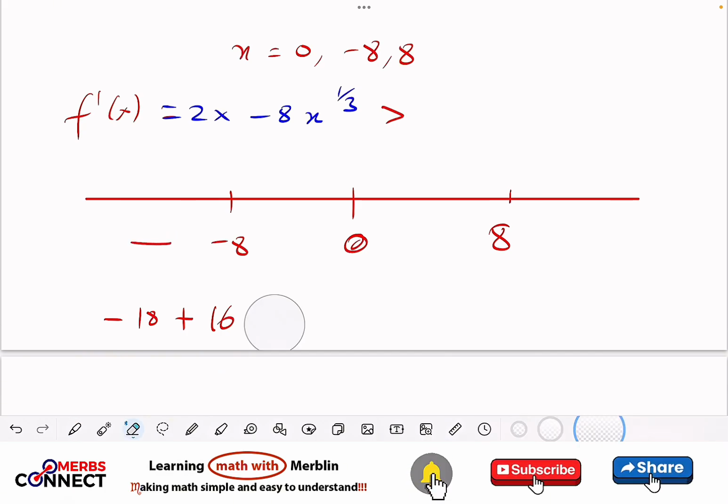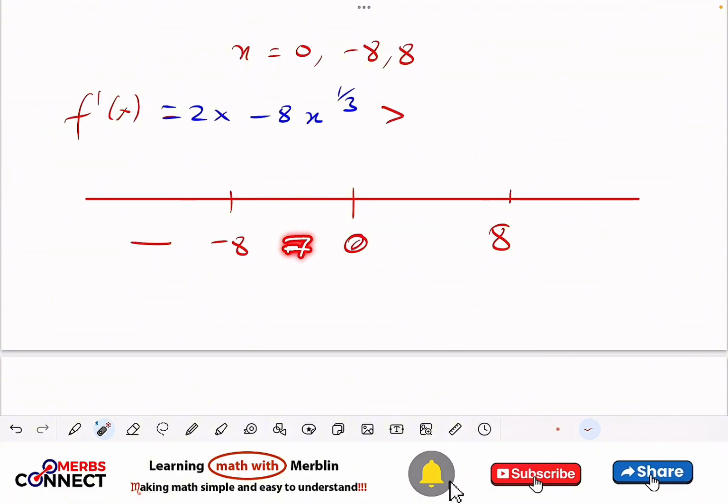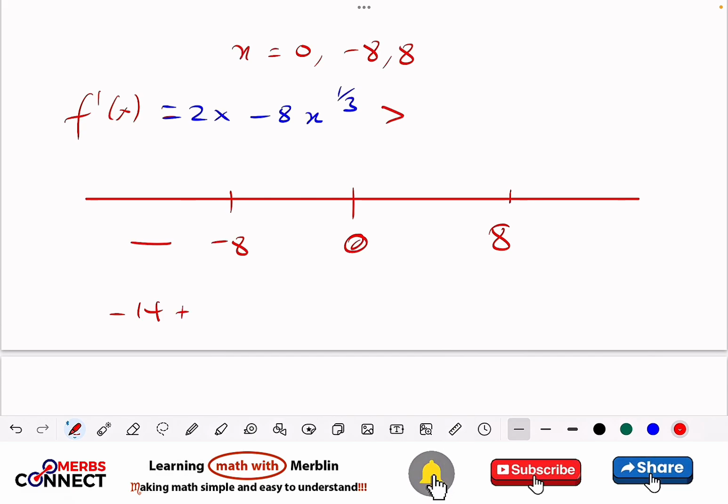Let's plug in something like minus 7: minus 7 times 2 will be minus 14, plus 8 times the cube root of minus 7, which is going to be 15. So this will be plus.